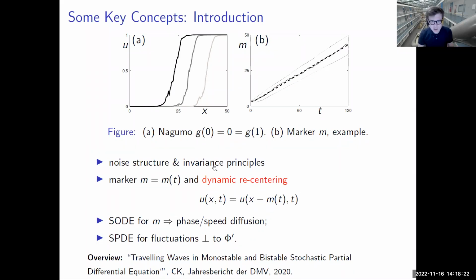And then I just let the equation run with a nice trace class operator Q noise. And then I see that in time, and these are different time snapshots of the solution, the solution just moves like a traveling wave, just that it has these additional wiggles.